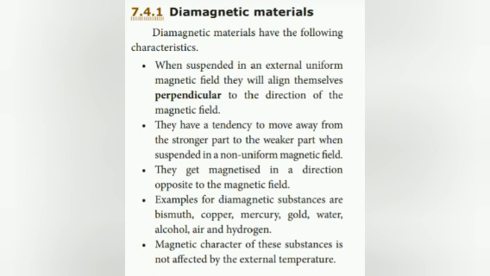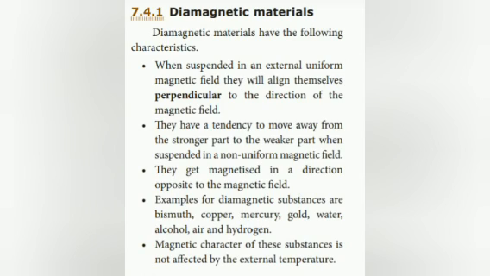They have a tendency to move from the stronger part to the weaker part when suspended in a non-uniform magnetic field. They get magnetized in a direction opposite to the magnetic field.